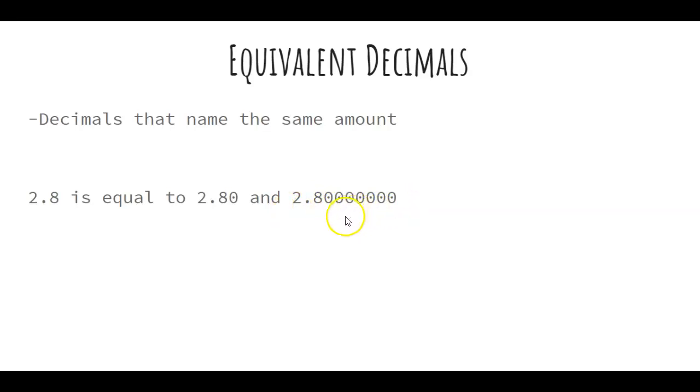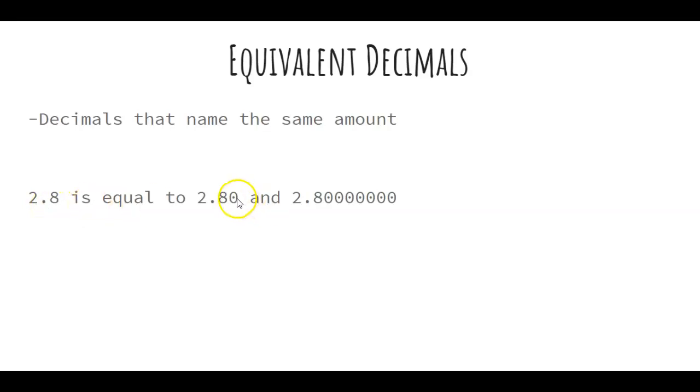I wrote that to show you. Notice this 0 comes after the 8. I don't have to have this 0. This 0 does not have a value. The only reason this 0 is here is to tell me that there are no digits in the hundredths place. So if I take this 0 out, it's the same as 2 and 8/10.